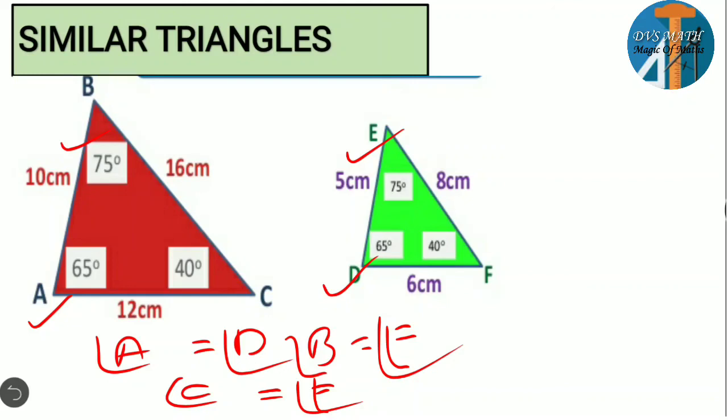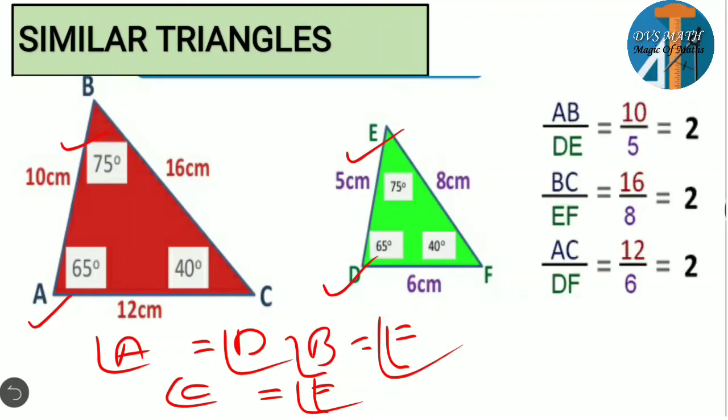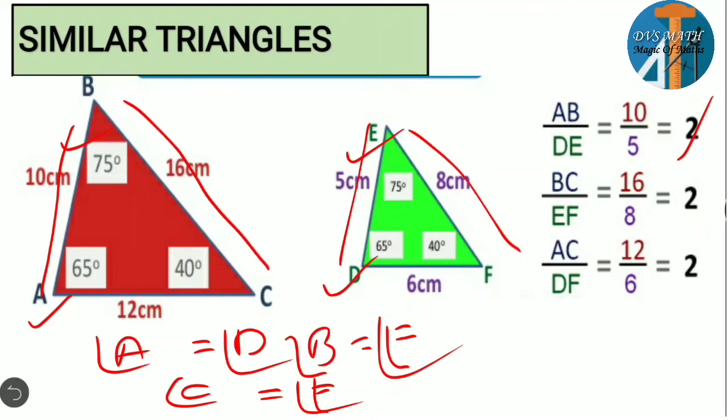Now let me check the corresponding sides. AB by DE is 10 by 5, so you get 2, right? Again BC by EF is 16 by 8, so again you got 2.